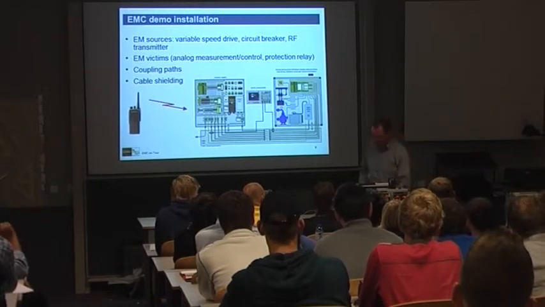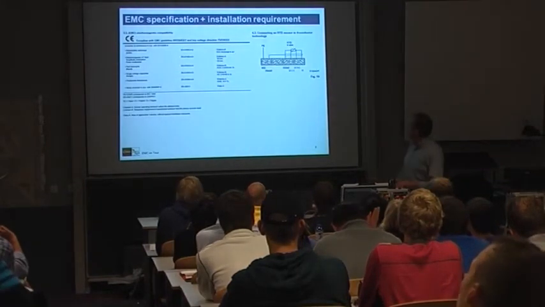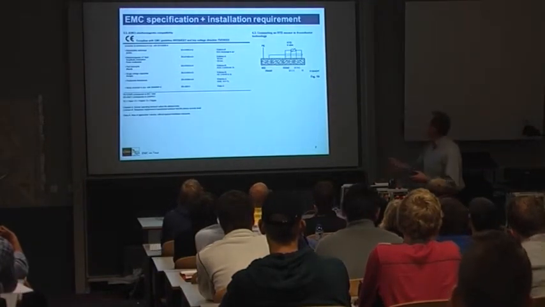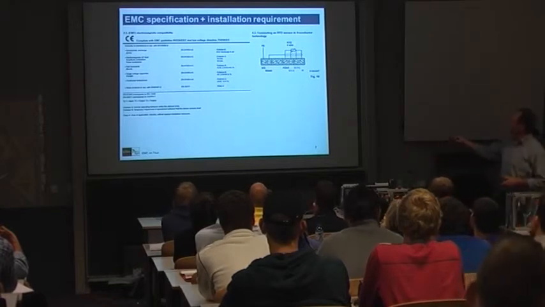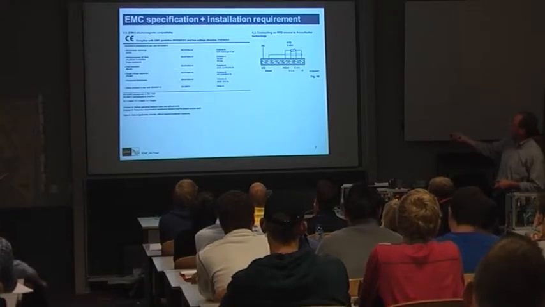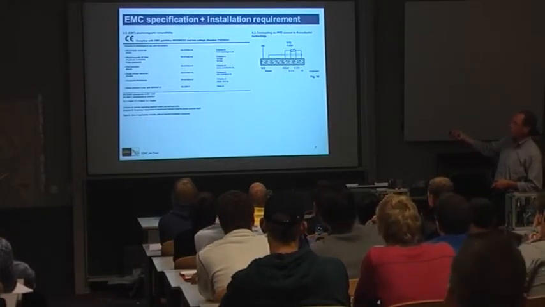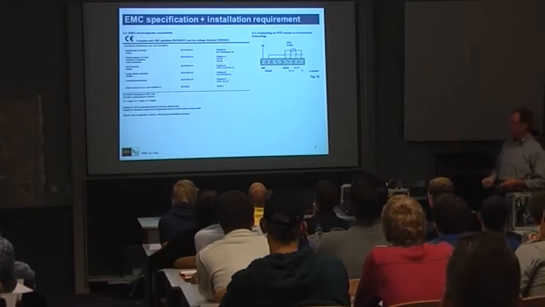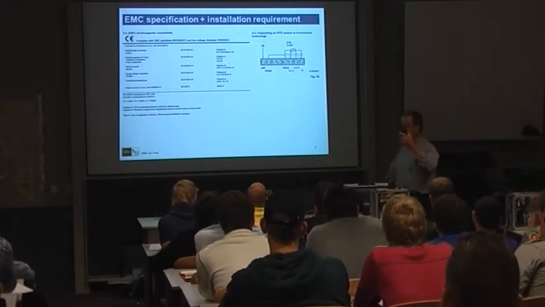So if we look at the specifications, let's find out what goes wrong. We've got the specification of the PLC that says it has been tested to this standard against 10 volts per meter. So I'm curious what comes out here.